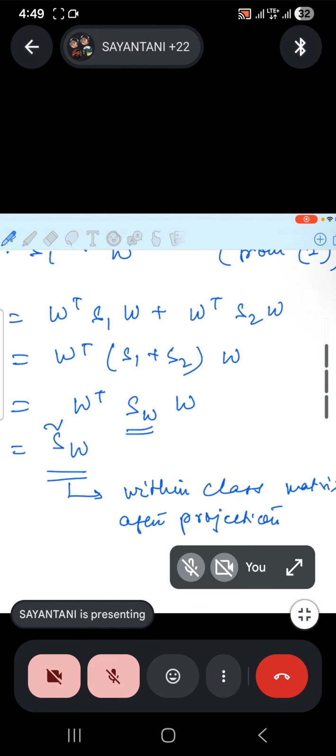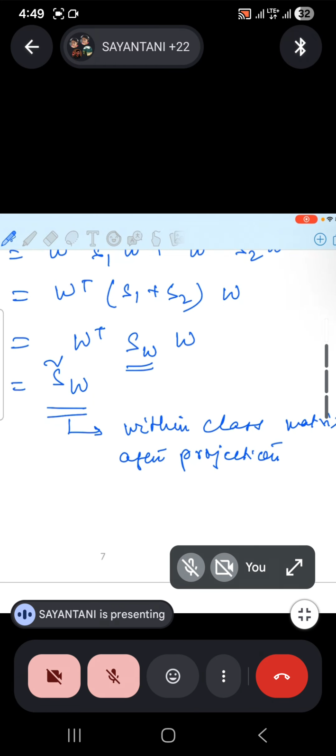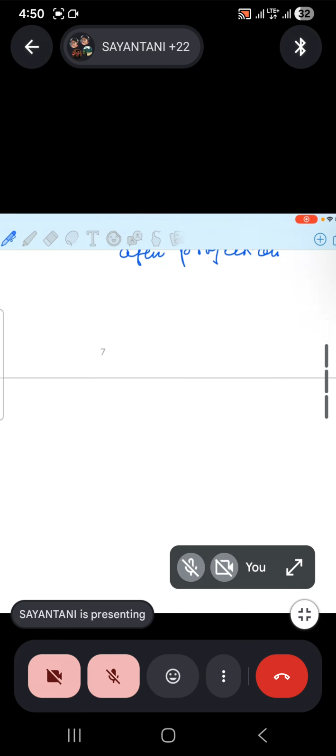Now similarly, we had another term, mu1 minus mu2 whole square. So for mu1 tilde minus mu2 tilde, this is W transpose mu1 minus W transpose mu2.